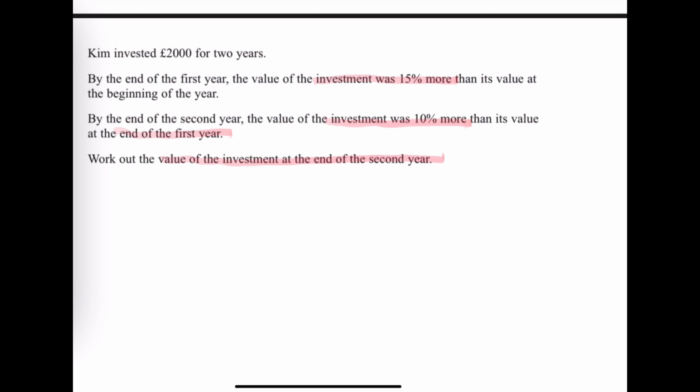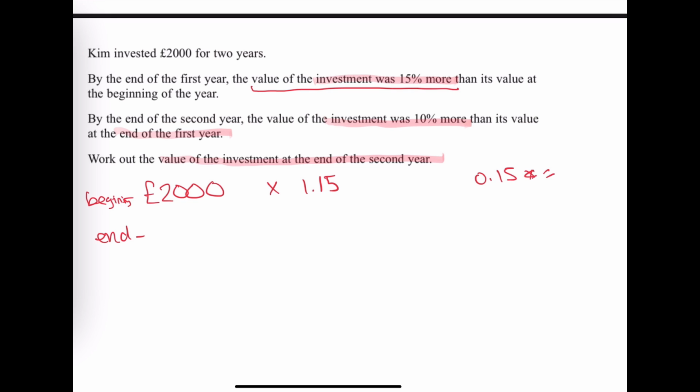So we have 2,000, it starts with 2,000, and this is the beginning of the year. So the value of investment was 15% more at the end. So what we do is you just times it by 1.15. This 0.15 represents 15%, and because they want more, you just add the 1 because that 1 is kind of 100%, which is the original price.